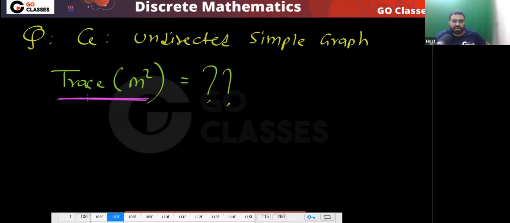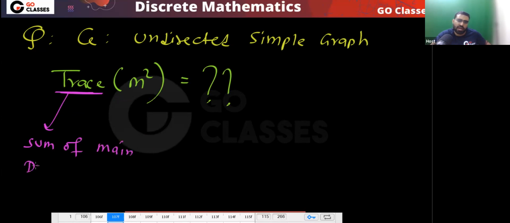What is the trace of M square? Trace basically means what? The trace is the summation of main diagonal entries. Sum of main diagonal entries.